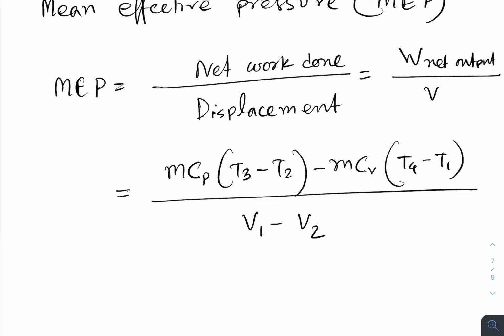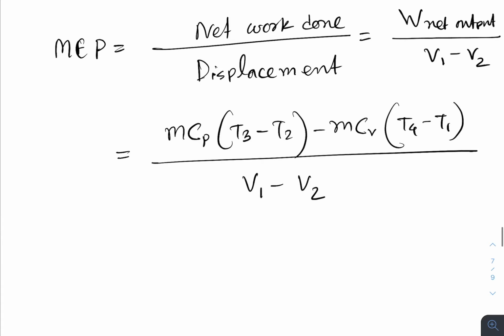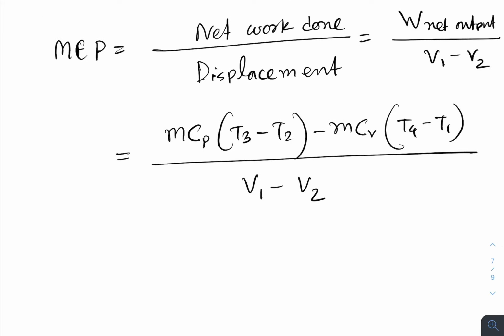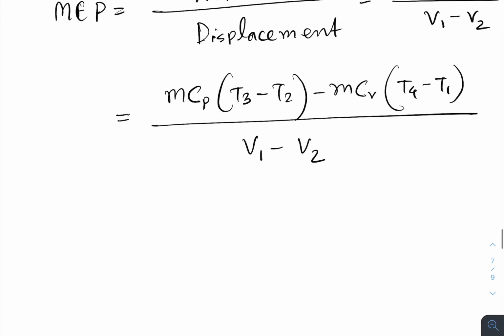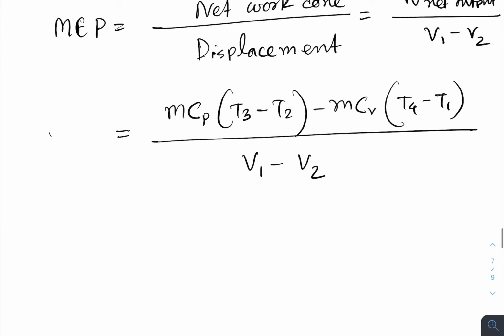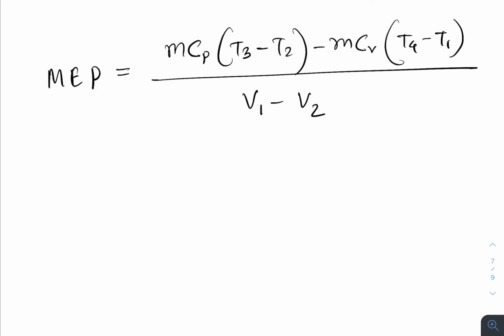So W net output divided by V1 minus V2, written in terms of the mass, mcp T3 minus T2. This is the expression of mean effective pressure.